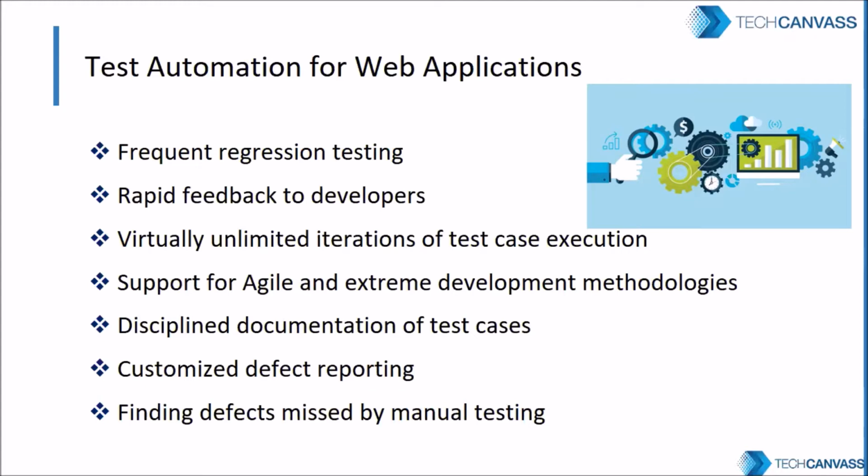However, if you automate the regression testing part, the software development lifecycle will always incorporate regression testing with every release. Also, test automation provides rapid feedback to developers. Manual testing, we know that it takes time and it takes cycles. As and when developers release the code, testers first undergo the functional testing in the manual testing arena.